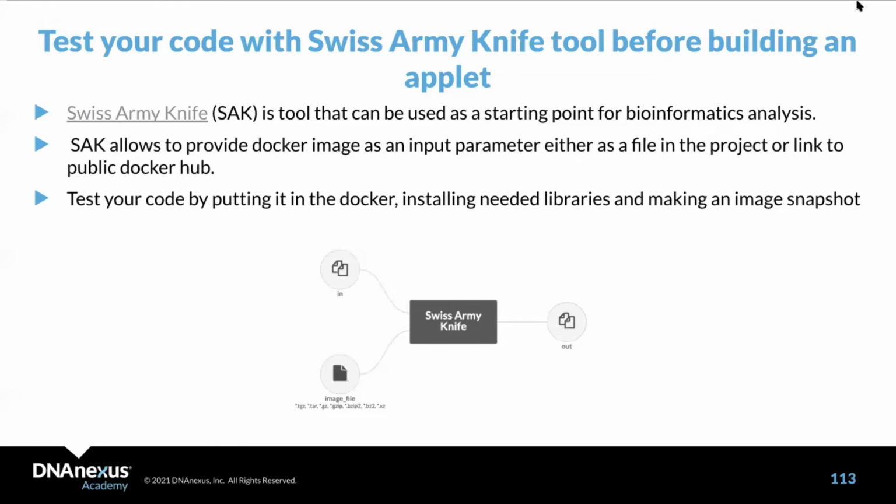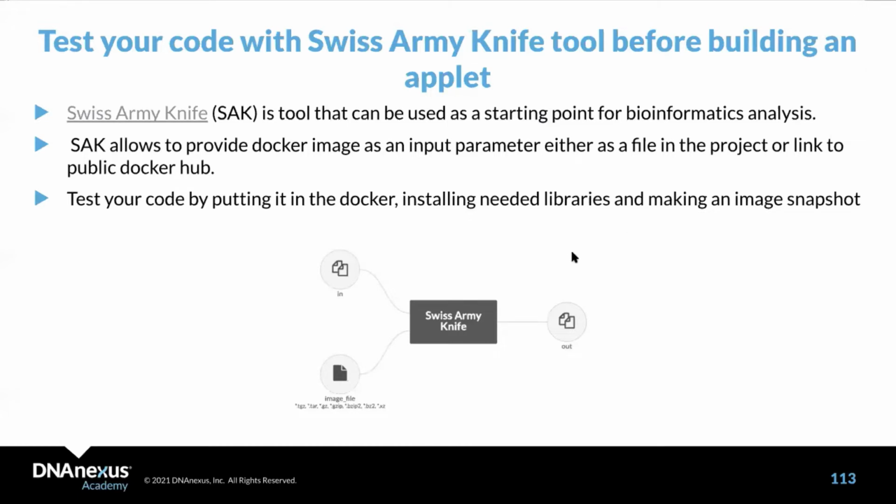So you can provide a Docker image where inside would be your code and all of the dependencies, and you can test it on the UKB RAP platform. And so by testing it, you will know whether your code is working.